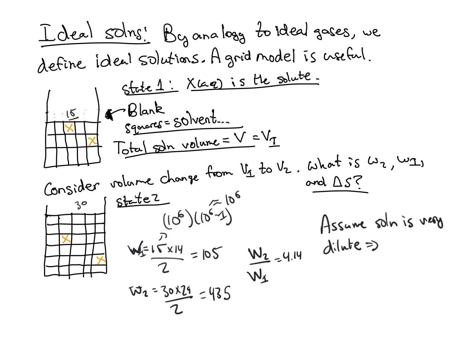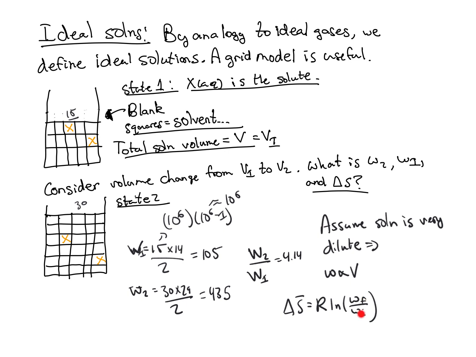In this case, all that matters is that the microstates per particle, little w, is proportional to the volume. Now we can apply this equation: delta S, the molar entropy, is R ln of the microstates of some final state over the microstates of some initial state.